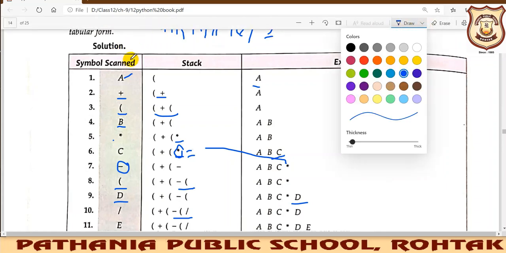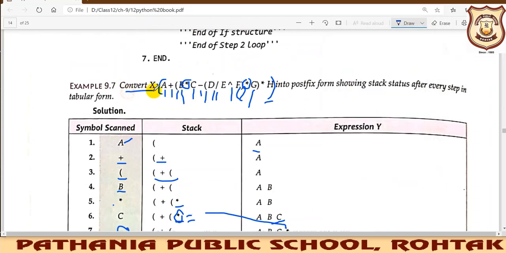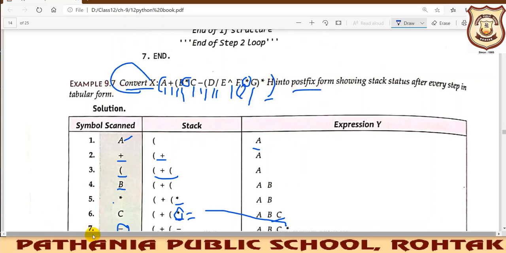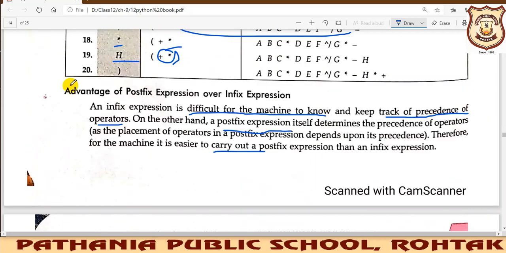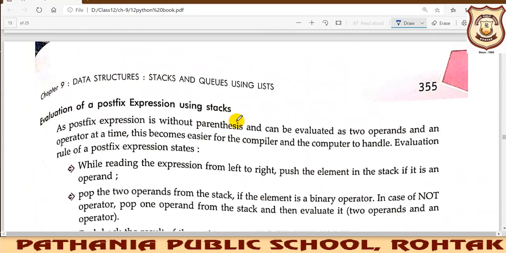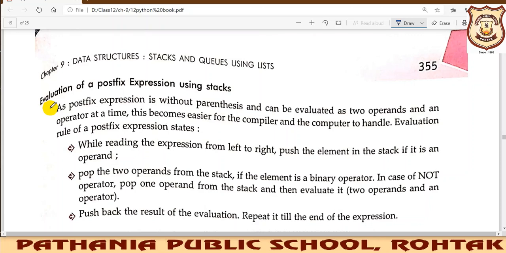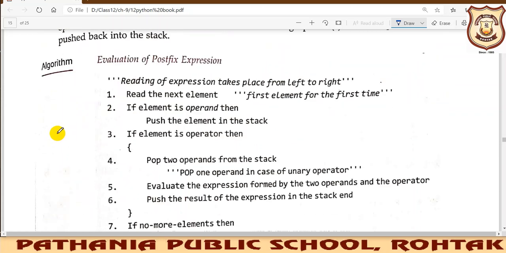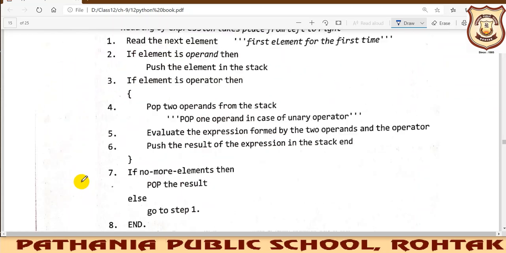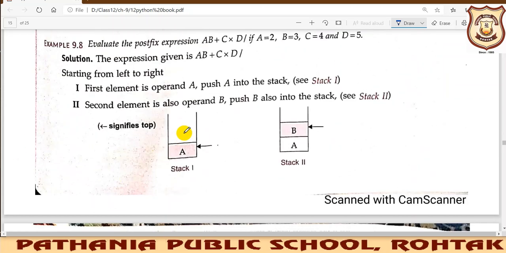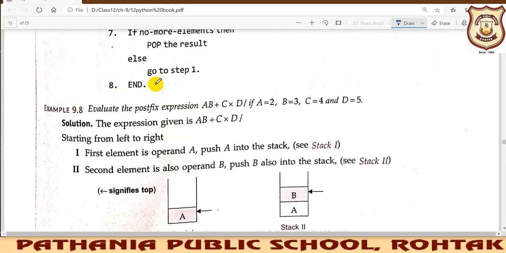Now in the next step, here we were converting your infix to postfix with the help of a stack. This is the stack status which I have shown. Now we will try to evaluate, which means you will be given values, and then you will use those values to calculate the final result of the given expression.